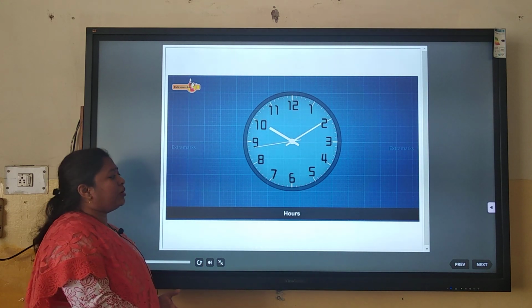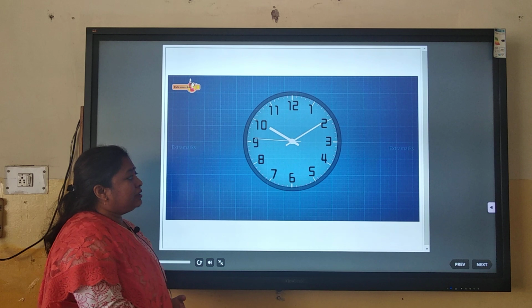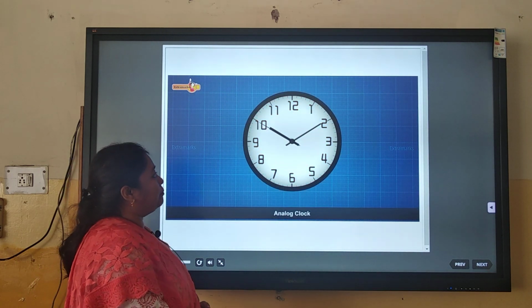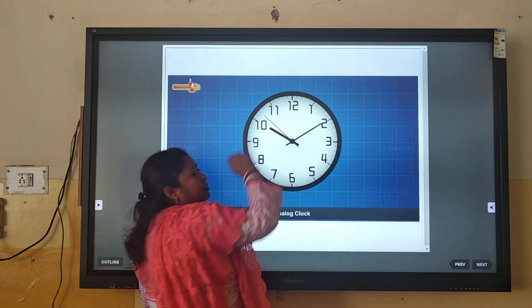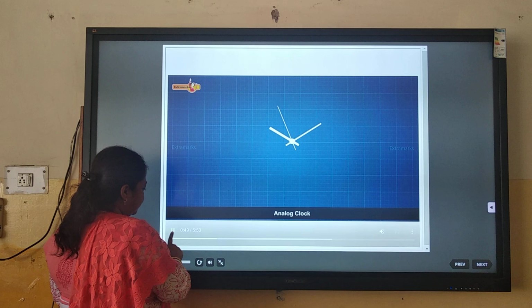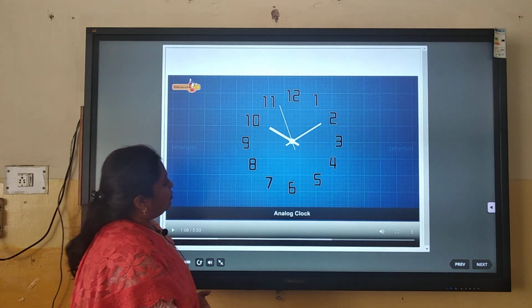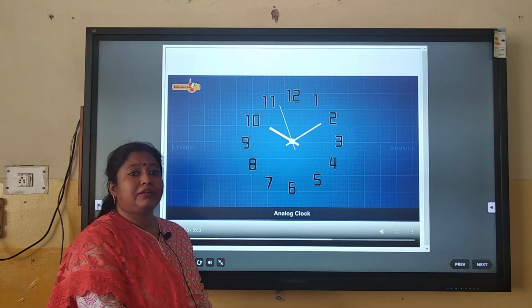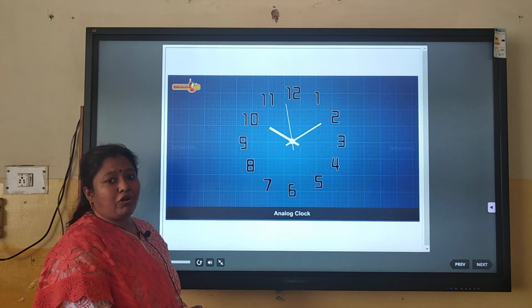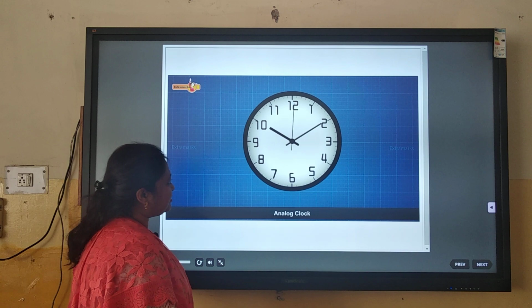So in an analog clock there are generally moving hands and 1 to 12 numbers written on the face of the clock. So we are going to learn reading time from an analog clock. Okay children, so let's start.